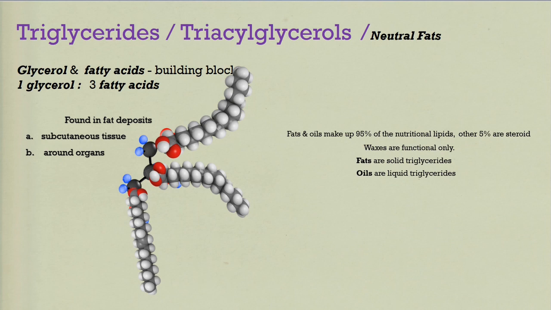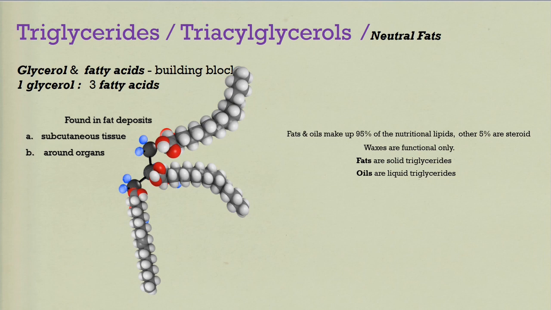Now, triglycerides can be found in animal and in plants. If it is in animal, then we call it fats, and fats are solid triglycerides. And mostly, a triglyceride that is liquid in form is called an oil.